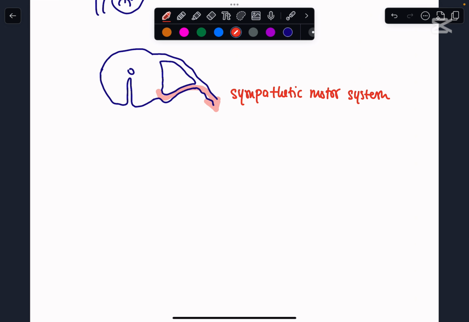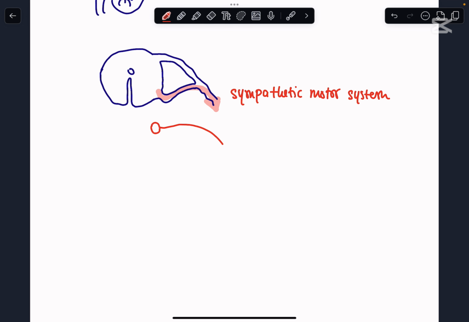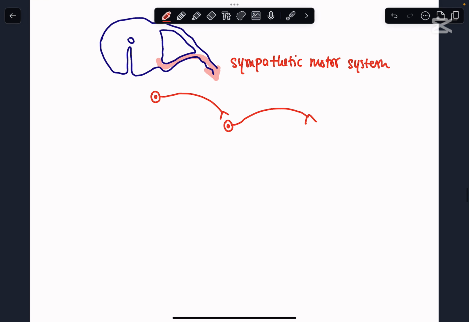It was basically comprised of two nerves, right? And you would have the effector organ.